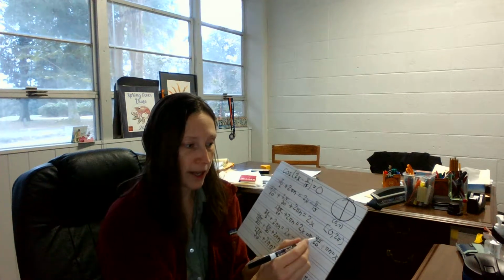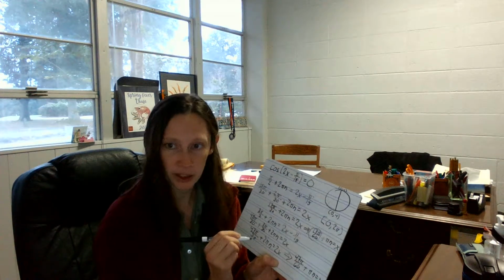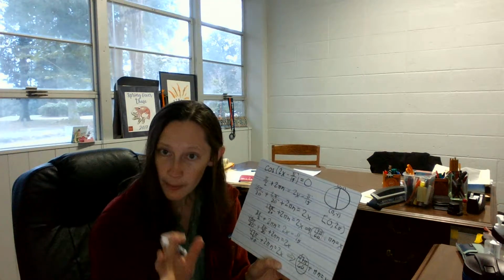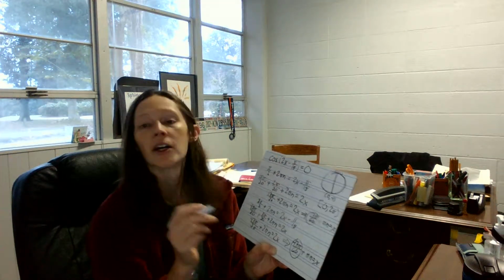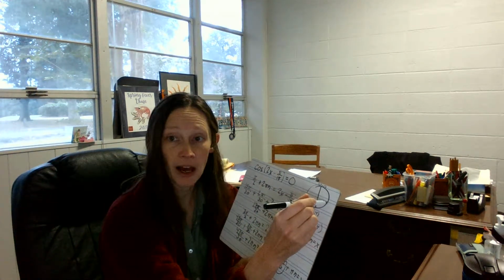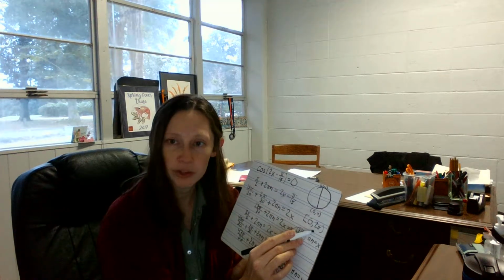So one answer is 17 pi over 60. Another answer is 47 pi over 60. But those are not the only 2. The reason being is I'm not adding 2 pi anymore. If I were adding 2 pi, I would be beyond this interval. 2 pi is 1 revolution. So as soon as I add 2 pi, I'm out of this range.